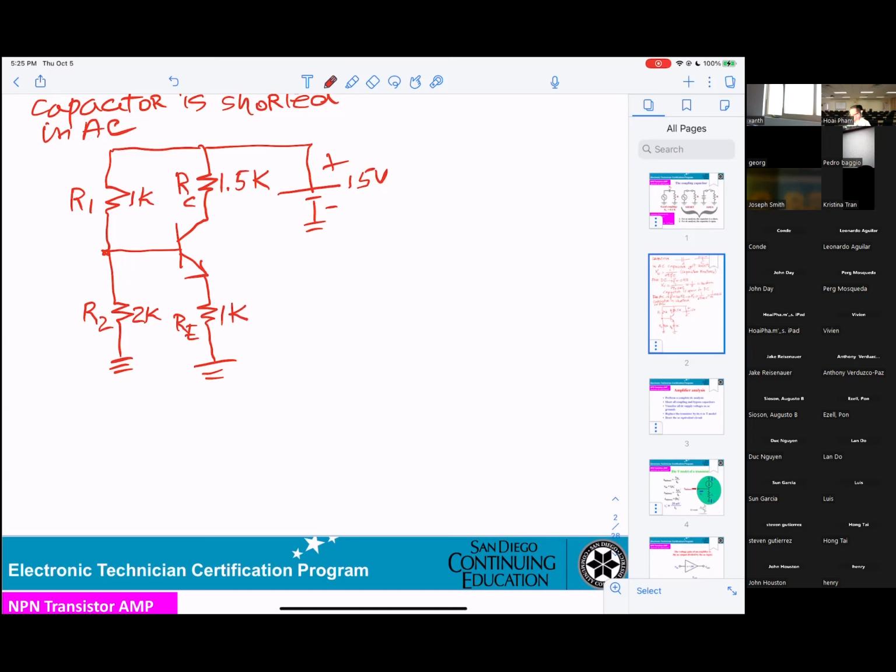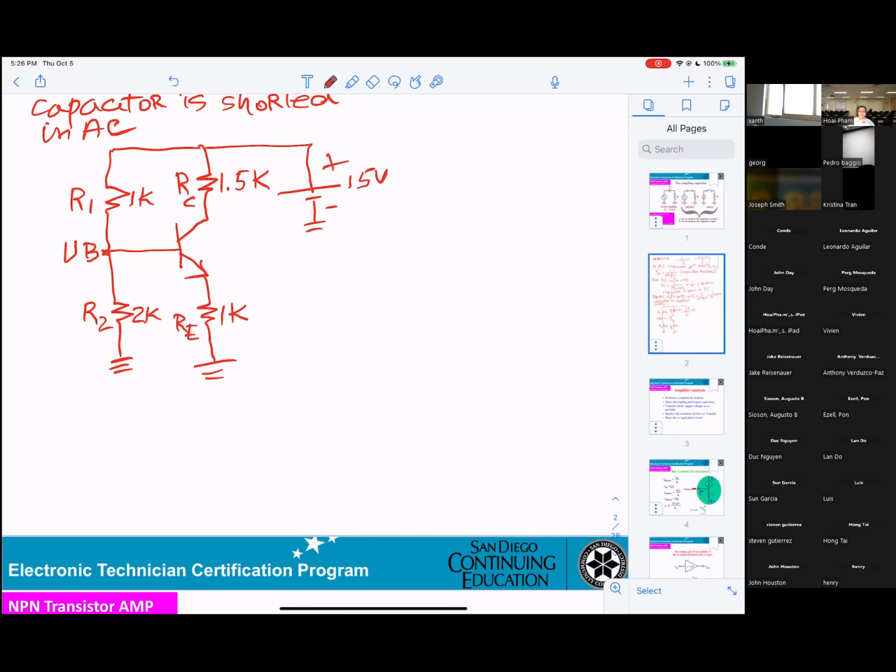Okay, you know this will be capacitor connected to DC. Before you can make the capacitor work in an amplifier, you have to get the DC condition. Without the DC, the transistor cannot work as an amplifier.